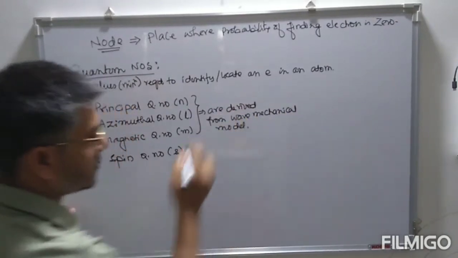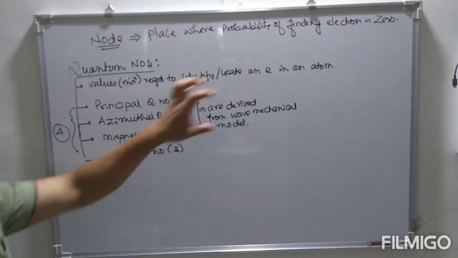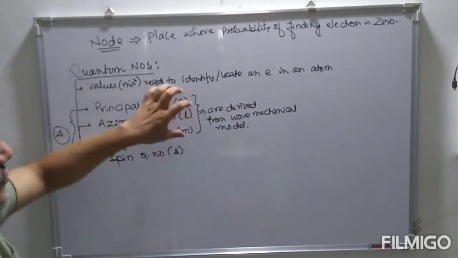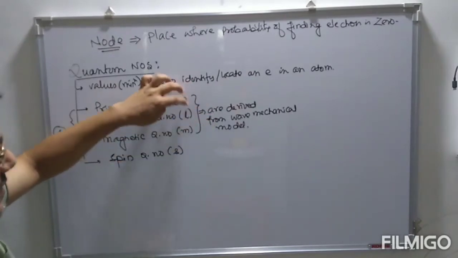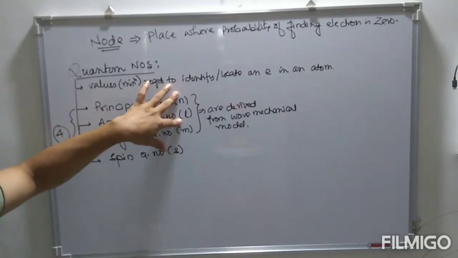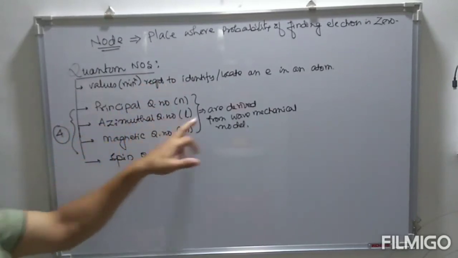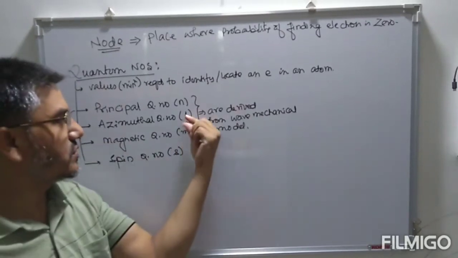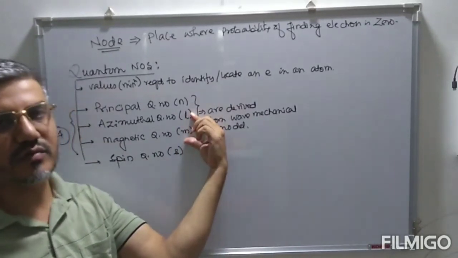That is, on solving the wave equation, the wave function psi, this gives rise to 3 quantum numbers, that is n, l, m. The radial wave function depends on n and l, that is principal quantum number and azimuthal quantum number, whereas the angular wave function depends on azimuthal quantum number and magnetic quantum number.